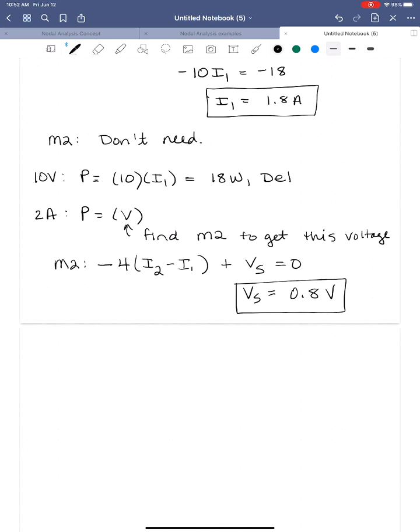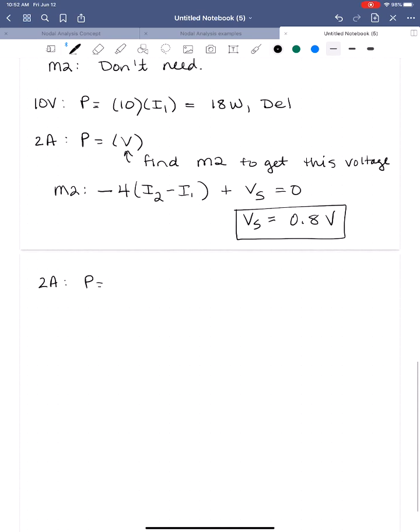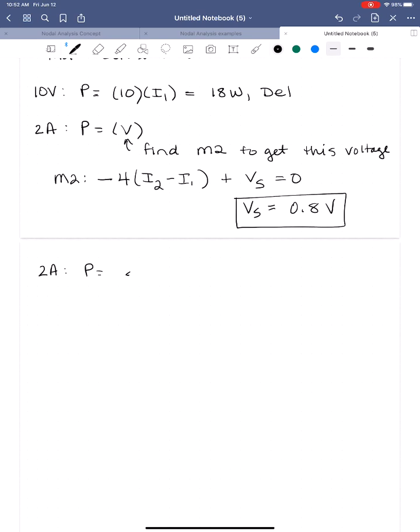So now, for the 2 amp source, P is equal to the voltage VS times 2, and that's going to be 1.6 watts.